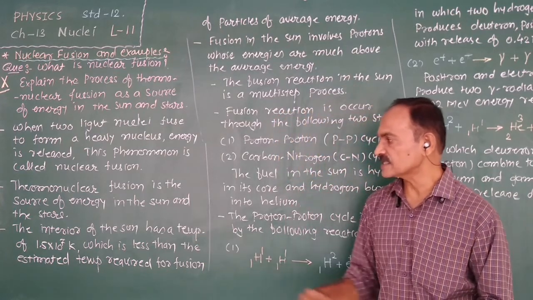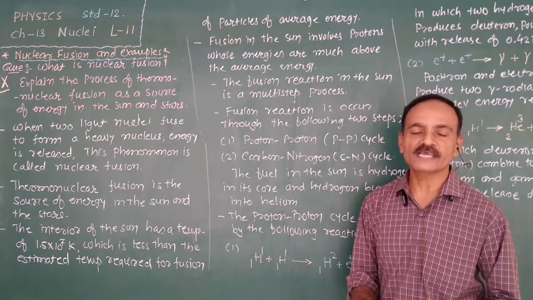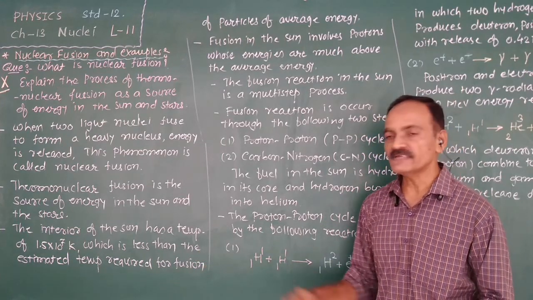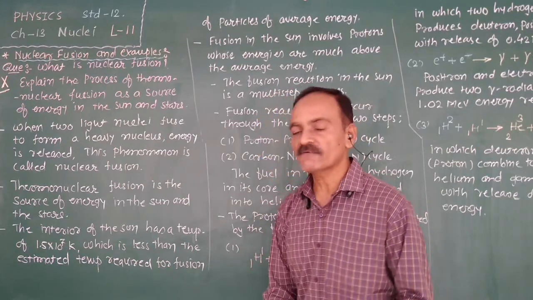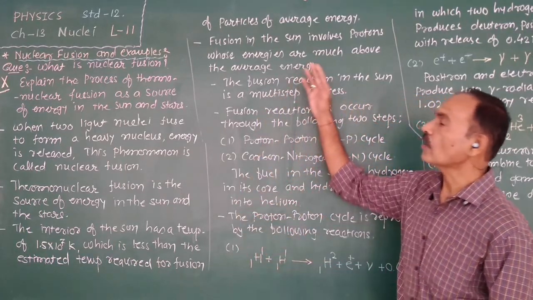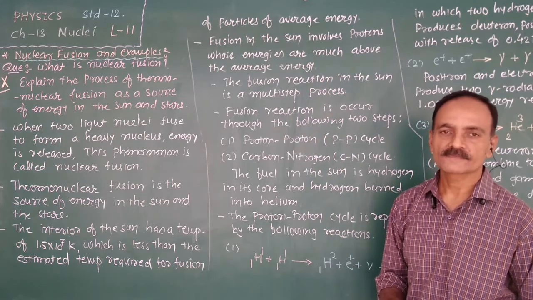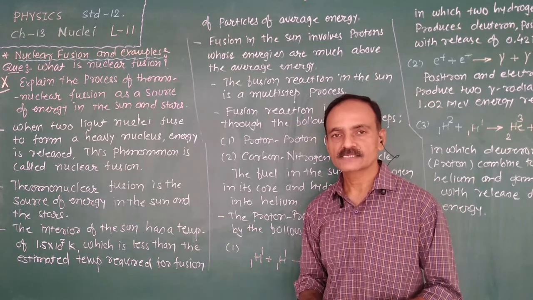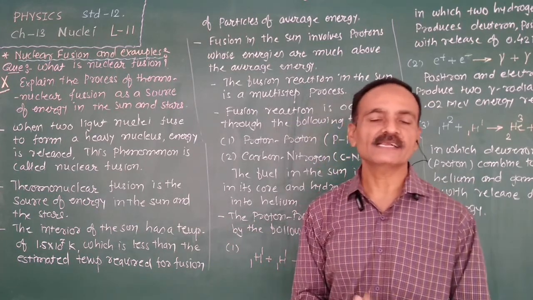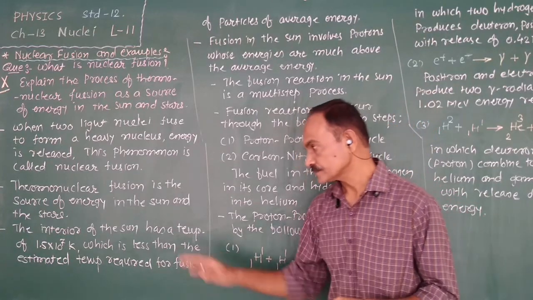The interior of the sun has a temperature of 1.5 × 10⁷ Kelvin, which is less than the estimated temperature required for the fusion of particles of average energy. So how does the thermonuclear fusion process take place? The important thing here is the required temperature.